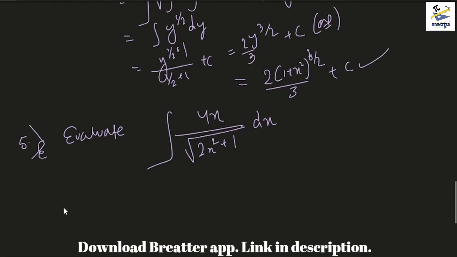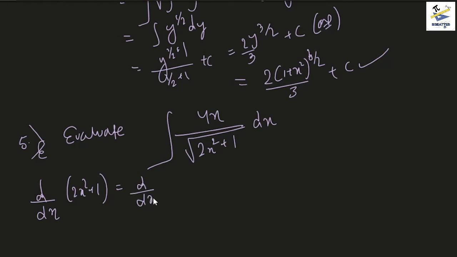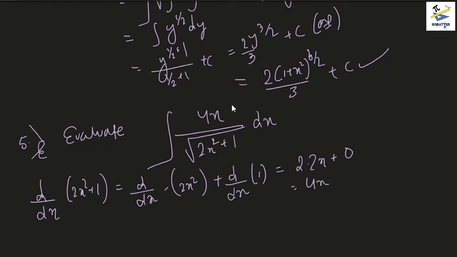Again, it should be noted that d/dx of 2x square plus 1 is equal to d/dx of 2x square plus d/dx of 1, right? And d/dx of 2x square is just 2 into 2x, and d/dx of 1 is 0, which gives you 4x. So you see that 4x is already present. The derivative of the term 2x square plus 1 is already present.